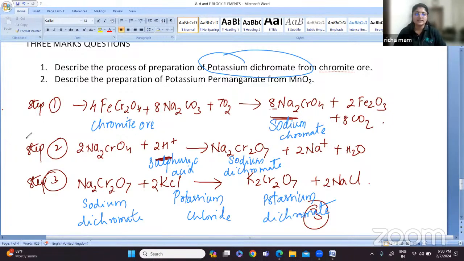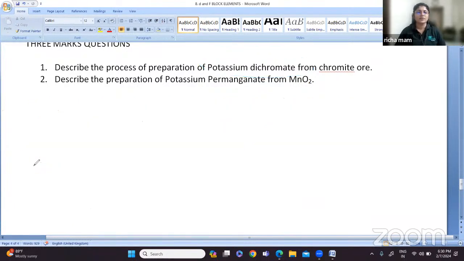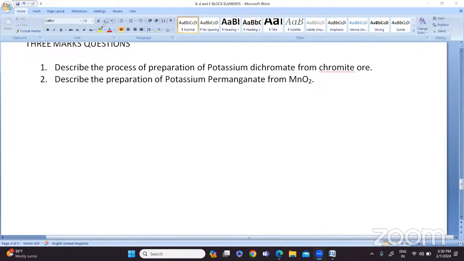Like this, stepwise, if you write properly with proper stoichiometric ratio, okay, and these are also very important, NaCl, Na plus. So this was the answer to be written for potassium dichromate.